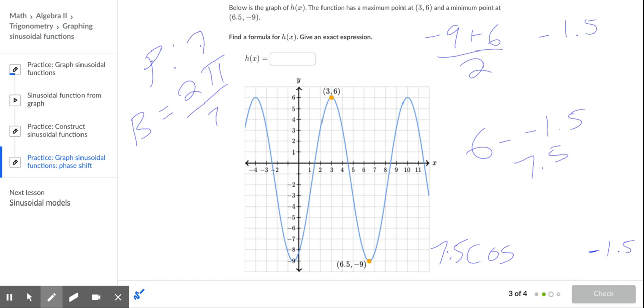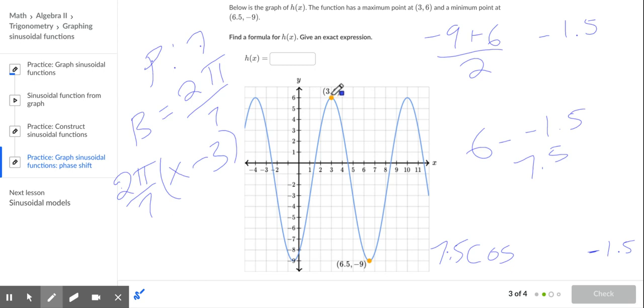And then I'm going to have 2 pi over 7 x, and then I'm going to have my shift here. So let's figure out what the shift is going to be. So this is cosine, and the maximum is here, so this is where we start. So it got shifted 3 to the right. So I'm going to minus 3, right? Because I'm moving 3 to the right.